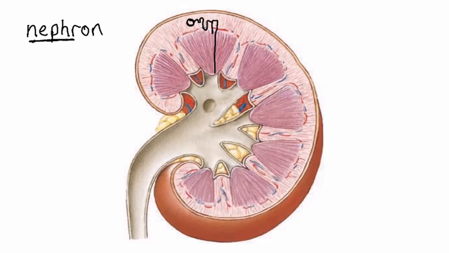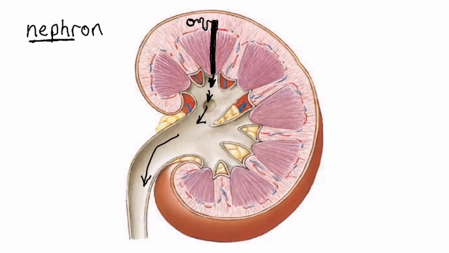The collecting duct goes all the way down to where the minor calyxes are, because the collecting duct is what collects the urine made in the nephron, and it empties it out into the minor calyx and then into the major calyx and then into the renal pelvis and then down the ureter into the bladder.